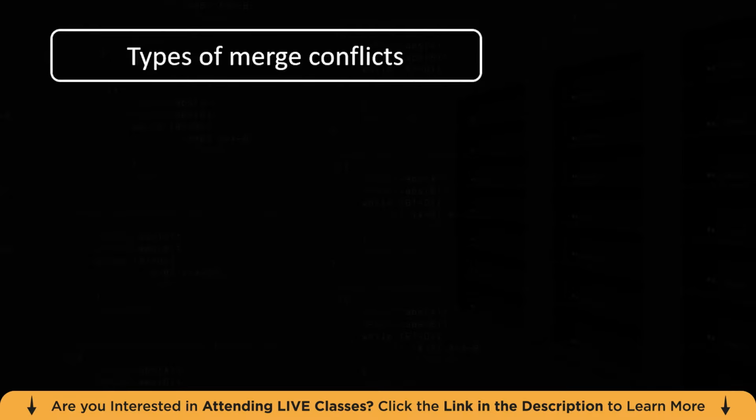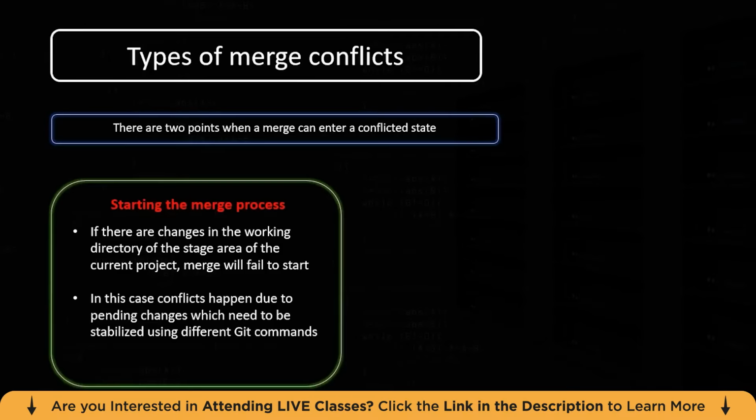The main types of merge conflict: first of all, there are two points where we can say that a merge can happen or can come into a conflicted state. The very first one is when you start the merge process.